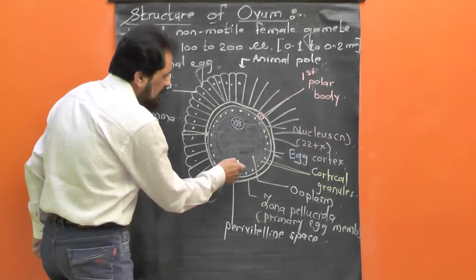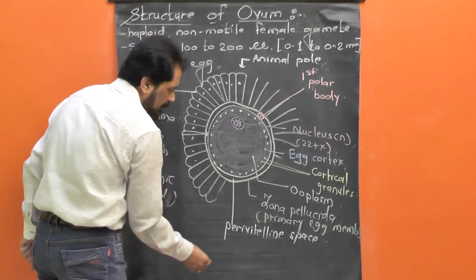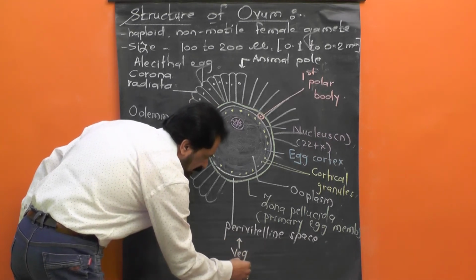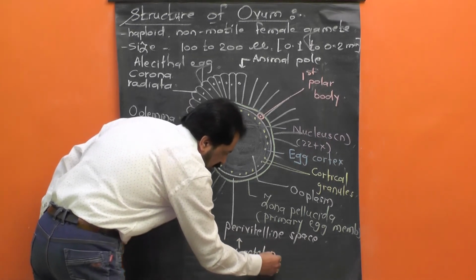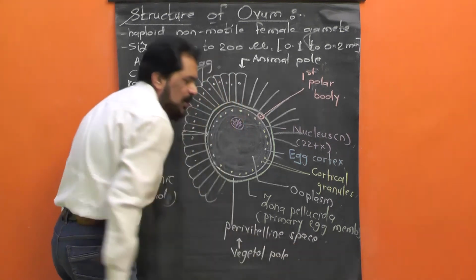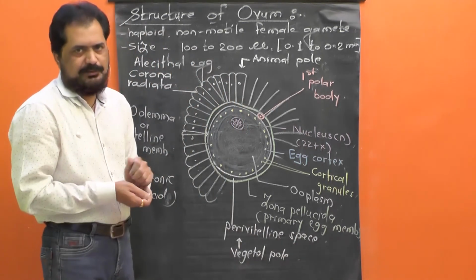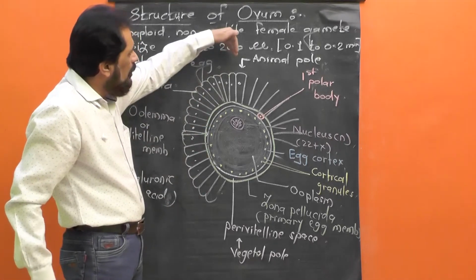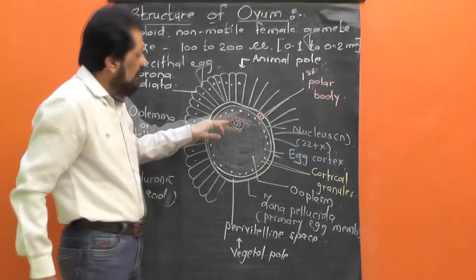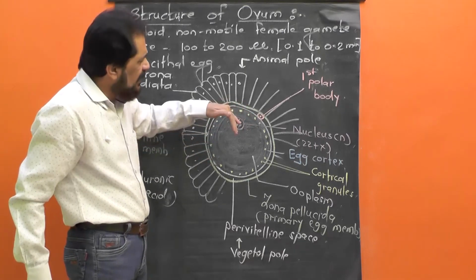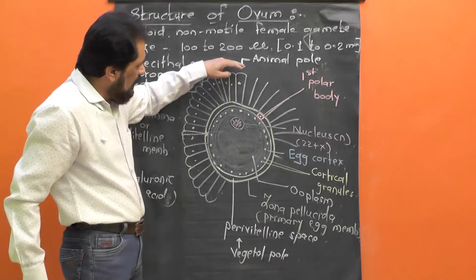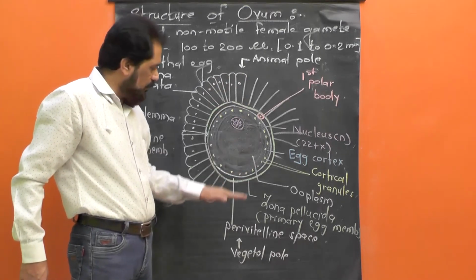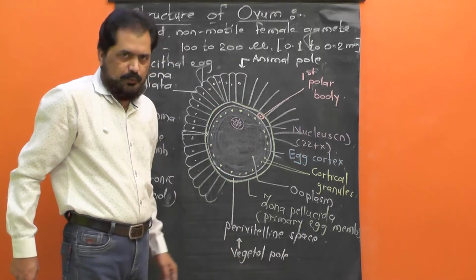And the opposite pole is called the vegetal pole. Just like the north and south poles of the earth, which are opposite to each other. So the pole towards which the nucleus and first polar body are extruded is known as the animal pole, and its opposite end is known as the vegetal pole.